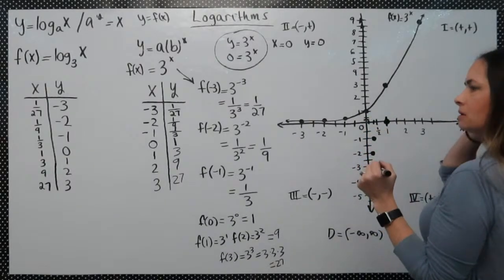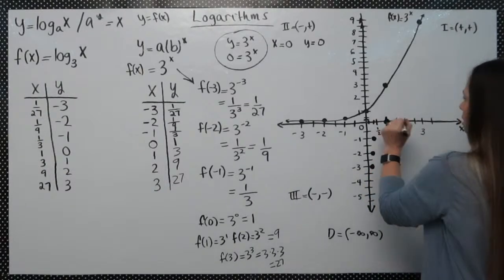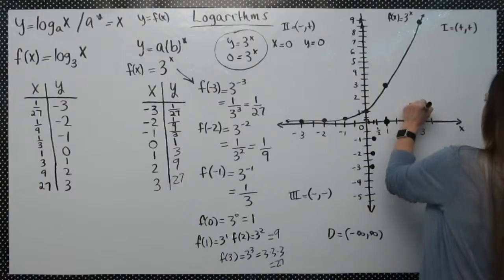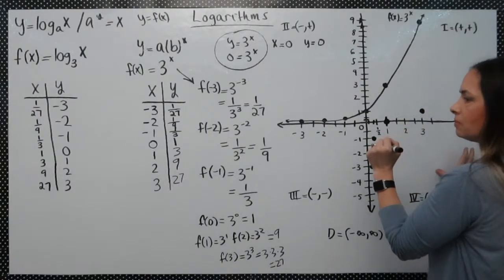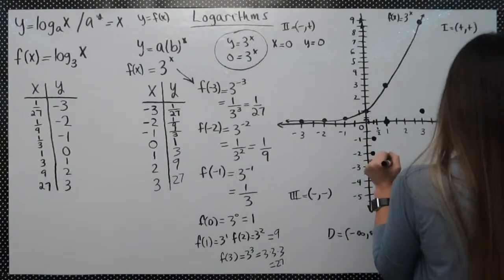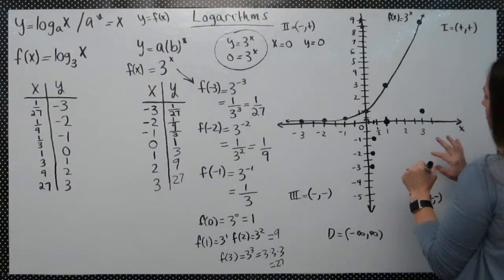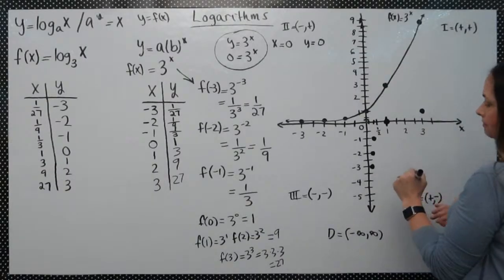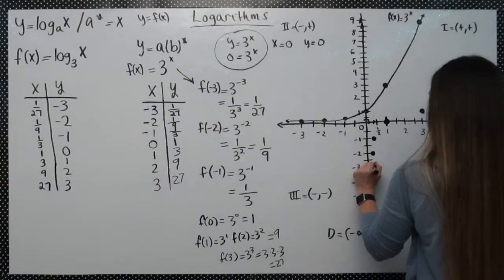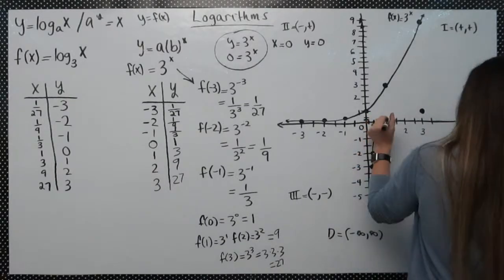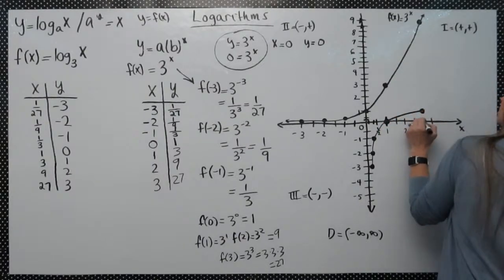And then look up 3, 1. So here's 3, 1. We have some points that are too big, but I can make it out to 9 here, and we're still able to get the behavior of this curve. So we've got this thing going.